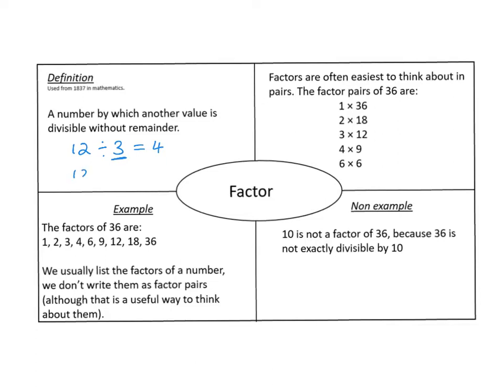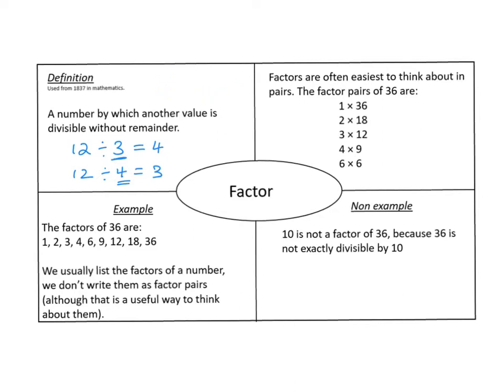I can do 12 divided by 4 and get 3. That means 4 is a factor of 12. If I do 12 divided by 5, well, 2 5s fit into 12, but there would be a remainder of 2. So 5 is not a factor of 12, because when I divide it, there's a remainder. So it has to be divisible without a remainder, and that's just what that means.